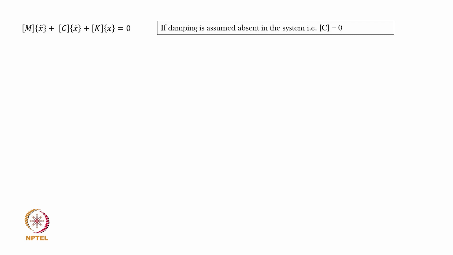But if this is your matrix equation, and if you for the time being assume the damping to be absent, there is a reason why in mechanical systems many times it makes sense to ignore damping to start with, and the reason is that we know that the damping does not really influence the natural frequency so significantly. If you notice for the single degree of freedom system, what is the expression of our natural frequency?